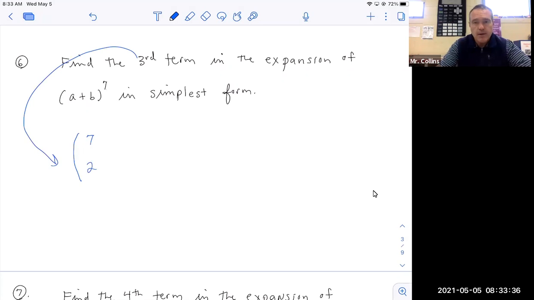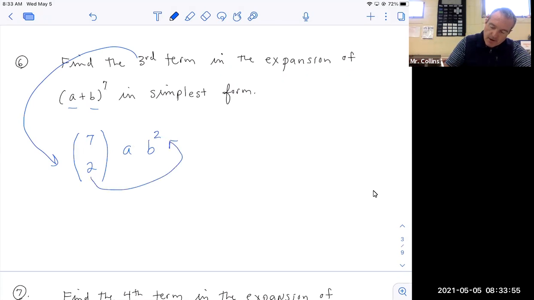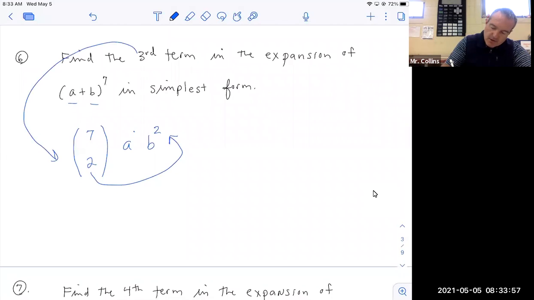It's off by 1 because really the way it would work in that expansion would be 7 choose 0, 7 choose 1, 7 choose 2. So the third term is 7 choose 2. And then A and B are the 2 terms. To get the power of B, it's always what's on the bottom here. This guy always goes up there. If you subtract 7 and 2, you get 5, it goes there. That's just the pattern. That's the easiest way to remember the binomial theorem.